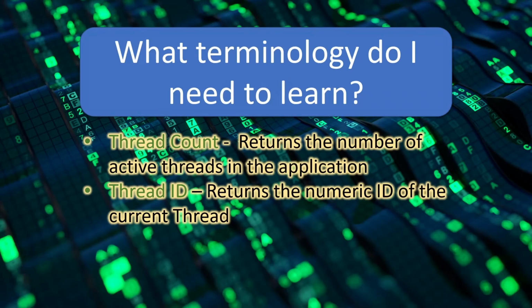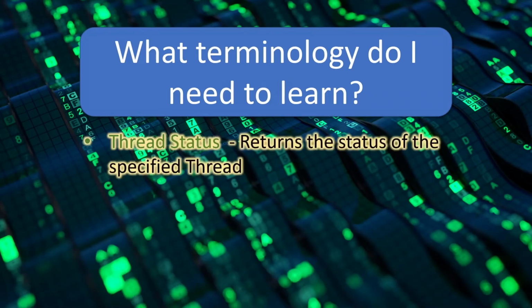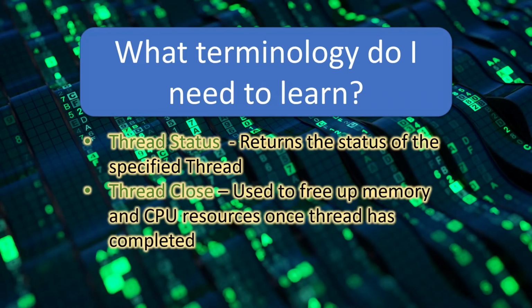Thread ID returns the numeric ID of the currently running thread. Thread status. This will return the status of your specified thread. Is the thread running or has it completed? Thread close. This is used to free up the memory and CPU resources once the thread has completed.